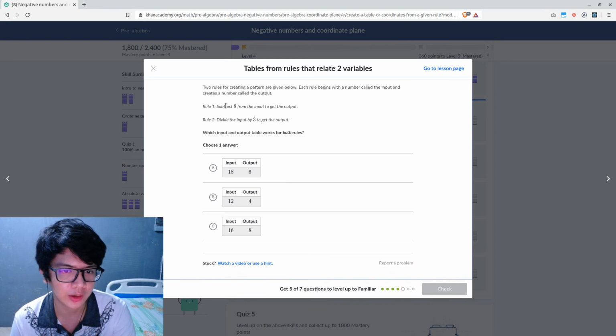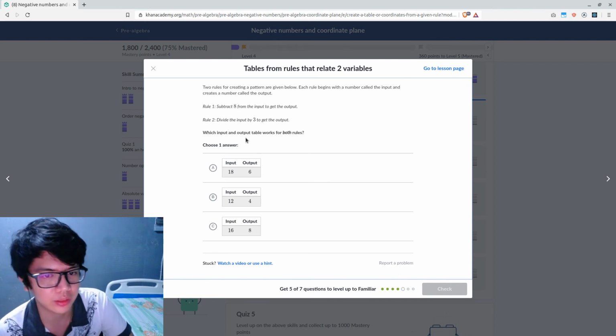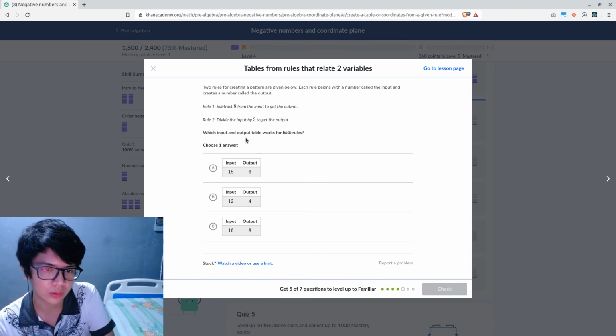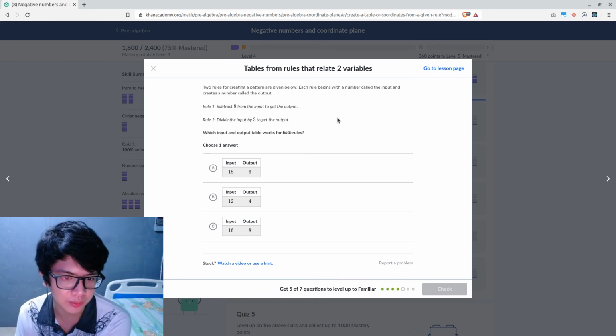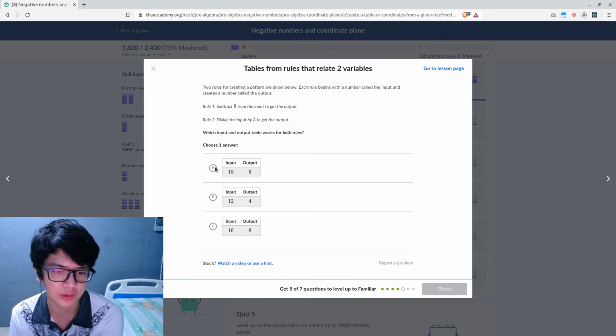Rule 1, subtract 8 from the input to get the output. Divide the input by 3 to get the output. For both rules. Okay. Subtract 8 from the output, it's going to be 10. So that's not work. Subtract 8 is going to be 4. Divide by 3 is going to be 4.